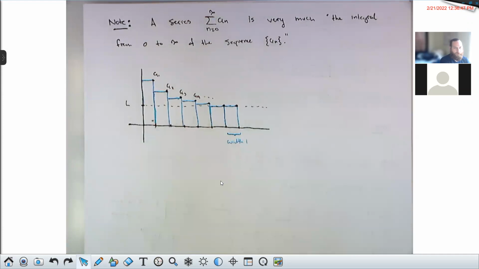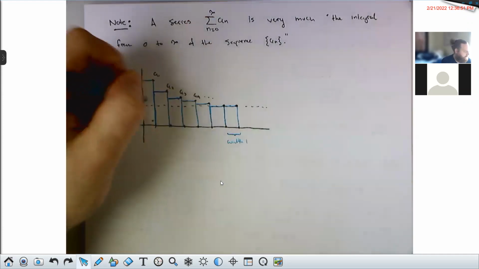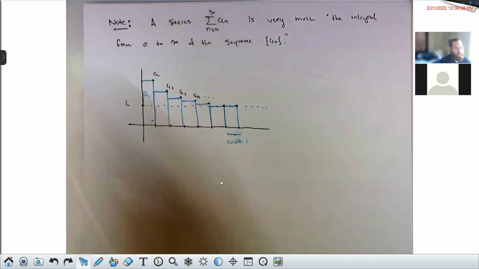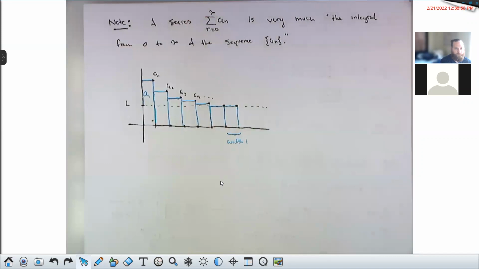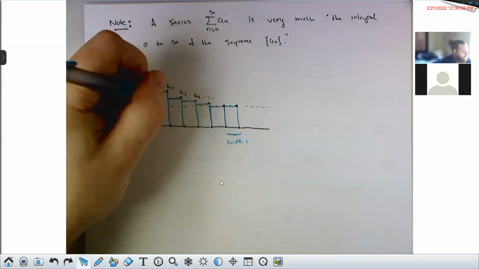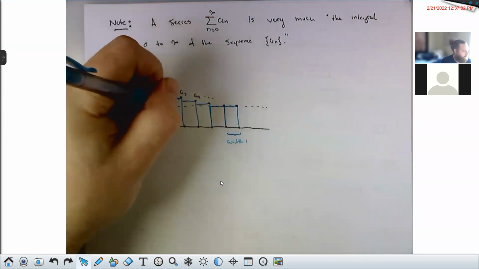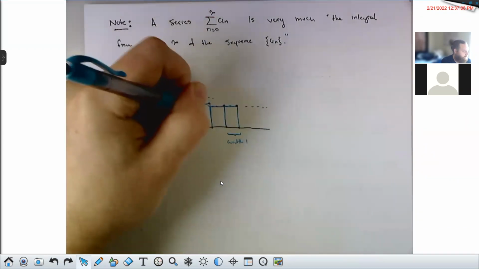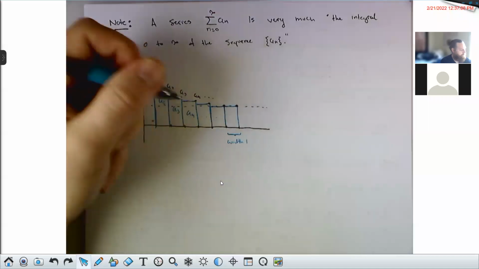Which means that the area of this first rectangle is a_1, the height, times its width, which is 1. The area of the second guy is just a_2. The area of the third guy is just a_3. The area of the fourth guy is just a_4, and so on.